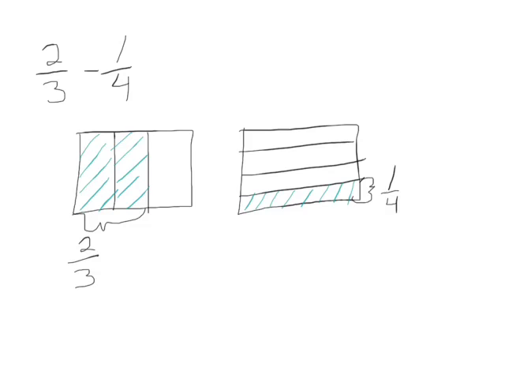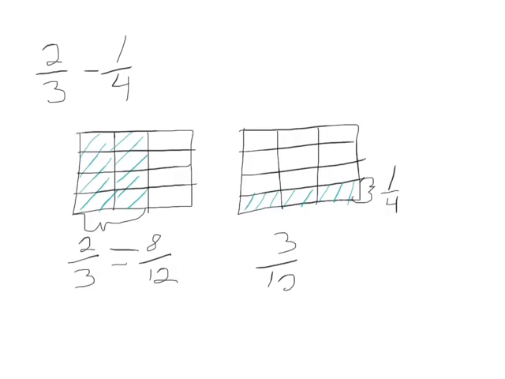We're going to divide our thirds into fourths so that we get our common unit of 12ths. 2/3 equals 2, 4, 6, 8/12. We're dividing our fourths into thirds, and 1/4 equals 3/12. We have 8/12, take away 3/12.